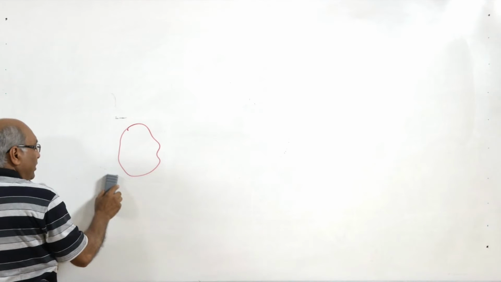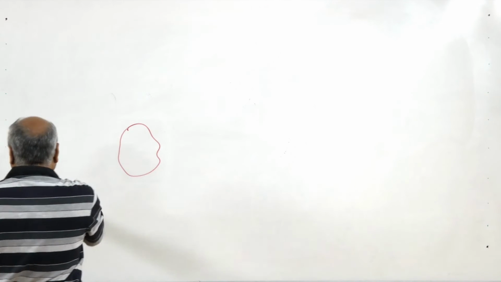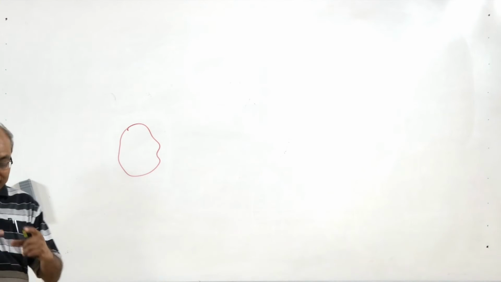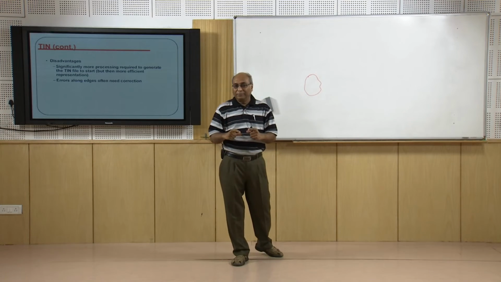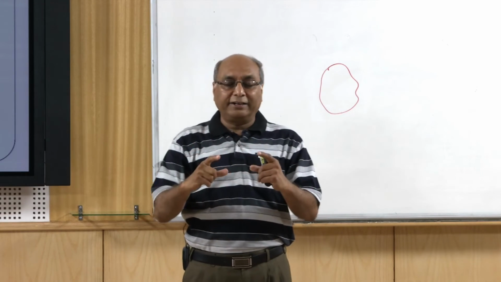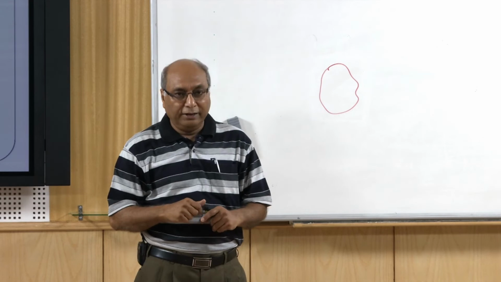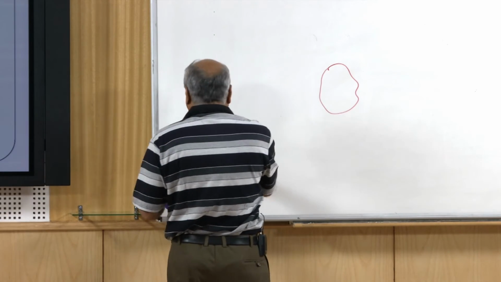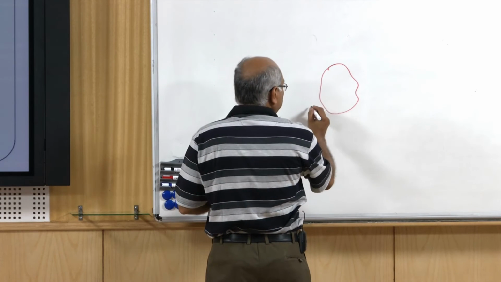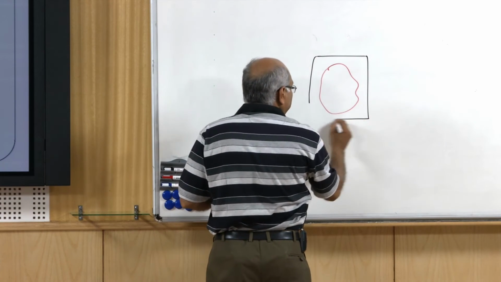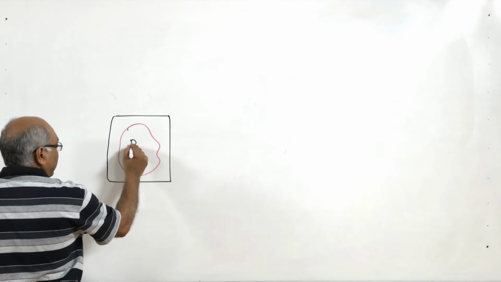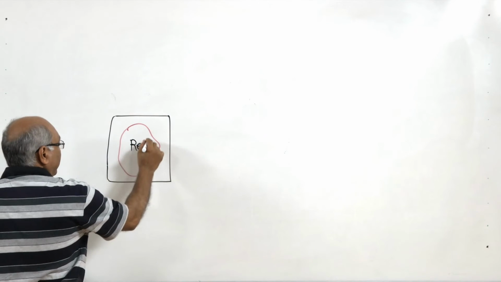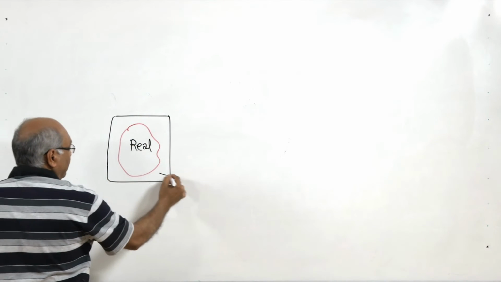But remember what I said fundamentally about raster: it stores its data in the computer either in rectangular or square shape. So how will it do this here? Very simple. When I extract this, it will keep the real data for the real area, but for the outside it will keep no data.